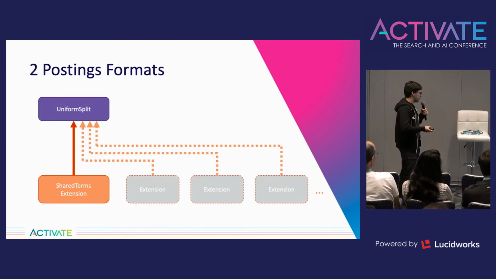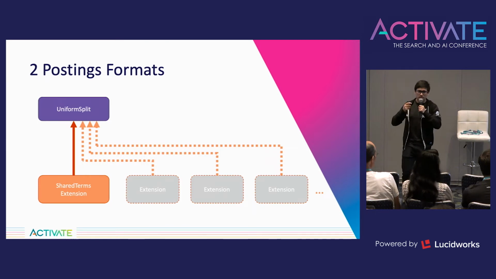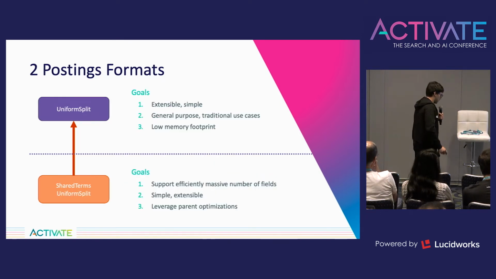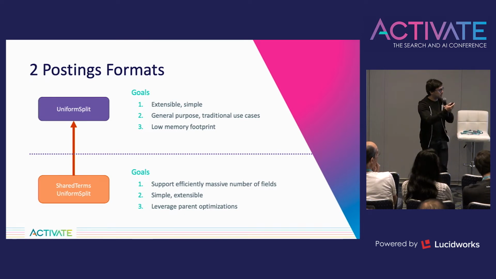But why make a base version? Because we wanted to build reusable foundation blocks, not only for our use case, but for different use cases you may have. So here we see the goals of both posting formats. The base version UniformSplit: the first goal is to be extensible and very simple, to be used for general purpose use cases, and to have a low memory footprint.